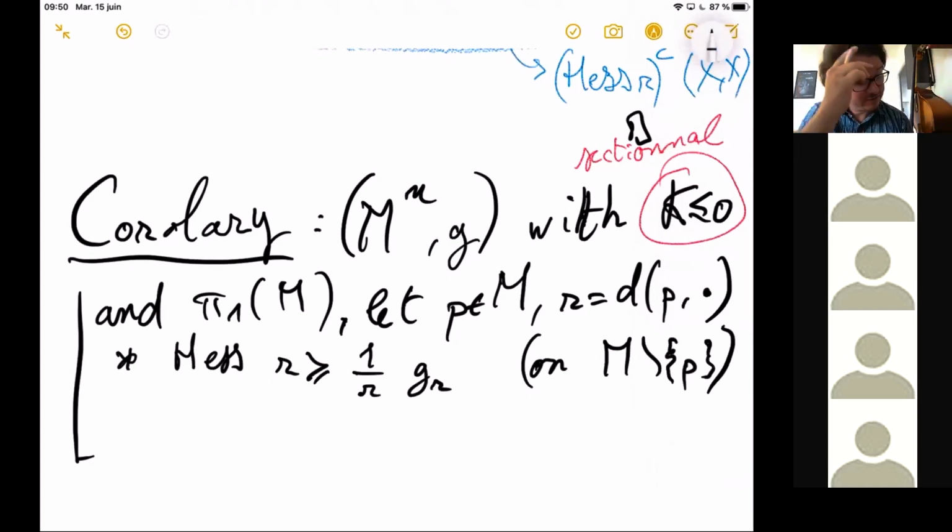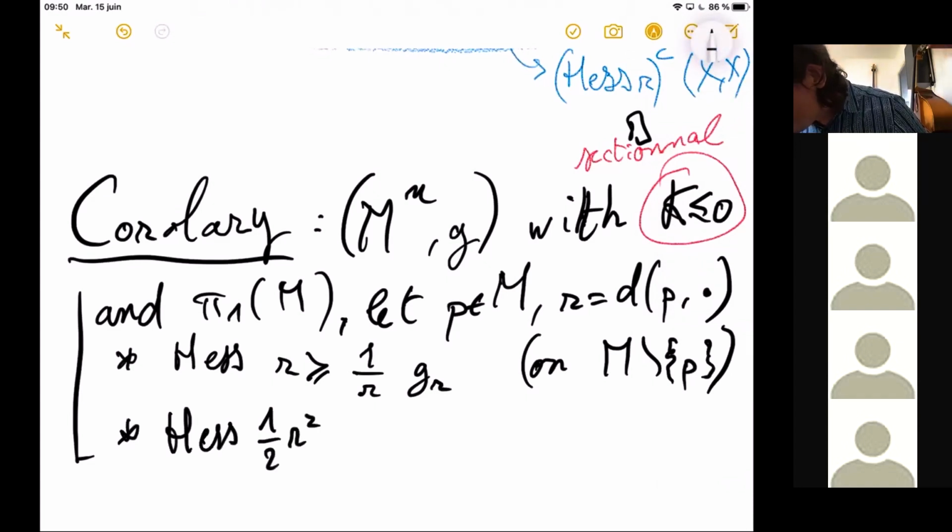But you can do it a little better by using what Peterson calls a modified distance function. Basically, you want things which are smooth in the model space, as smooth as possible, and built from the distance in the model space. That makes a very good quality of life improvement in this business.